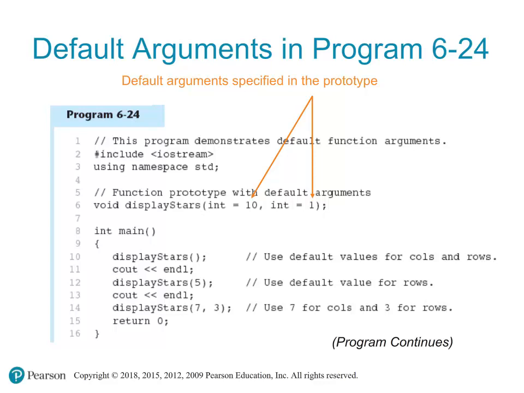The first call to display_stars uses both default values, 10 for columns and 1 for rows, and the second call to display_stars overrides the default value for columns but uses the default value 1 for rows. The third call to display_stars(7,3) overrides both default values, using 7 for columns and 3 for rows.